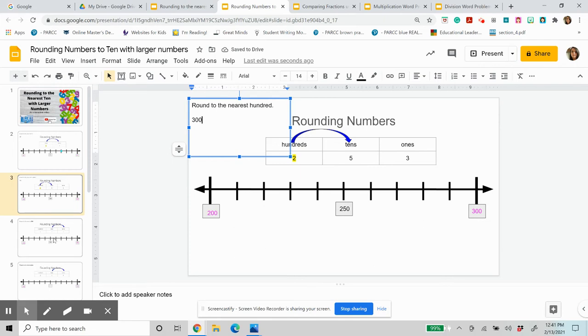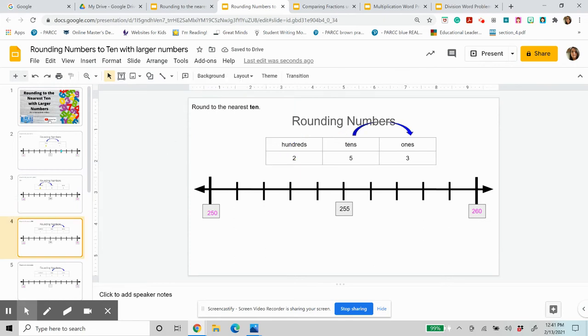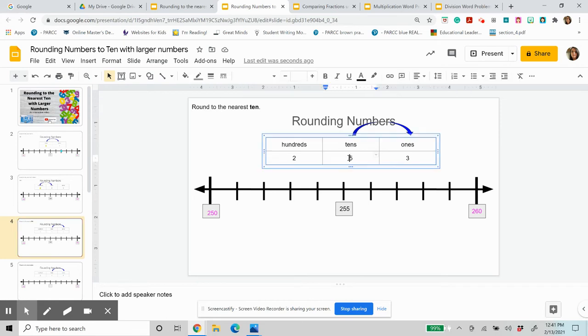So what happens when we come up with bigger numbers, like a number in the hundreds, and we want to round to the nearest 10? This is really when the highlighting gets important, because we want to focus in on what's going to change. We're talking about our tens.